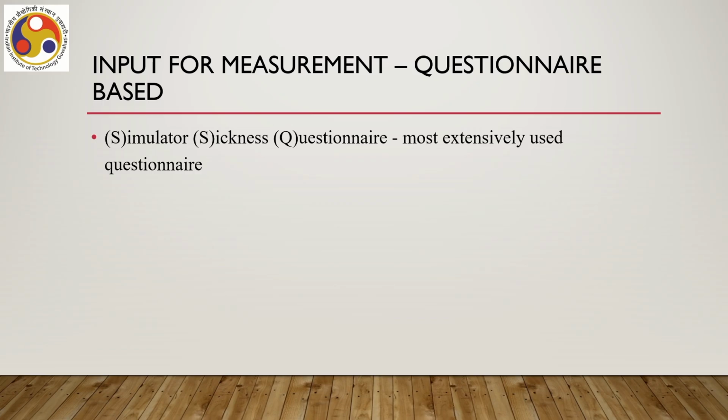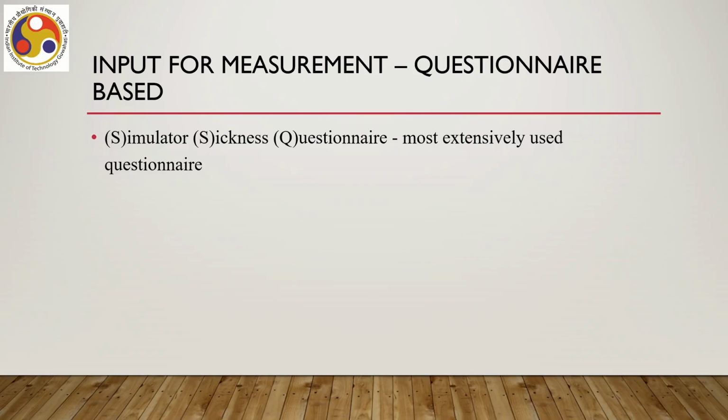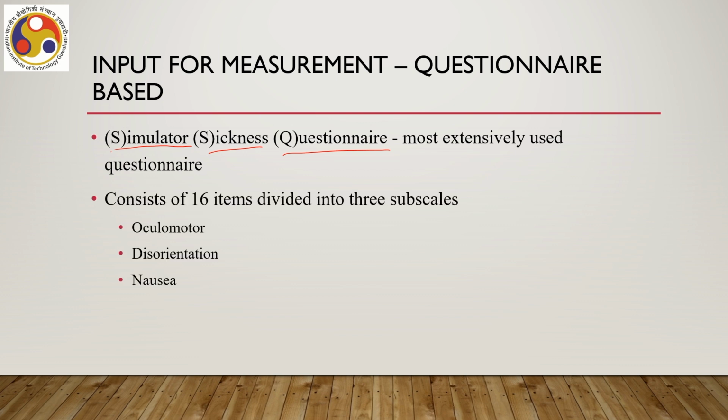So, one common scale of measurement used for cybersickness is SSQ, which stands for Simulator Sickness Questionnaire. It is in fact one of the most extensively used questionnaire for the purpose. It contains 16 items or questions divided into 3 subscales: oculomotor subscale, disorientation subscale and nausea subscale.